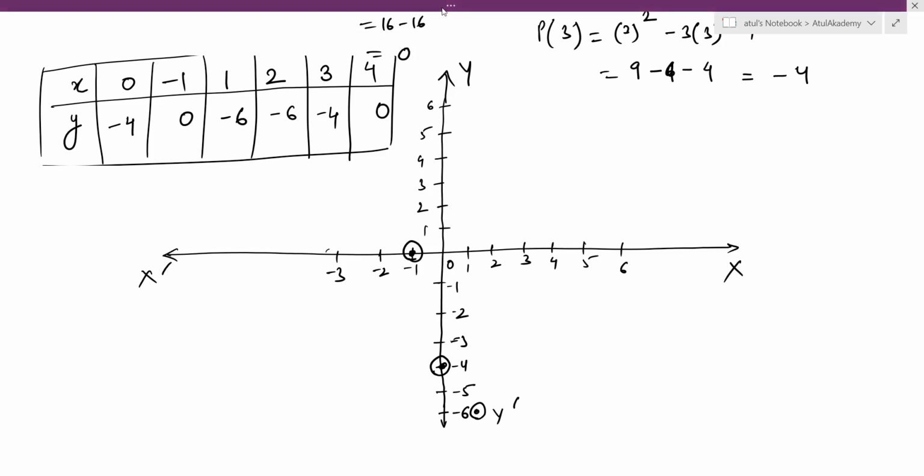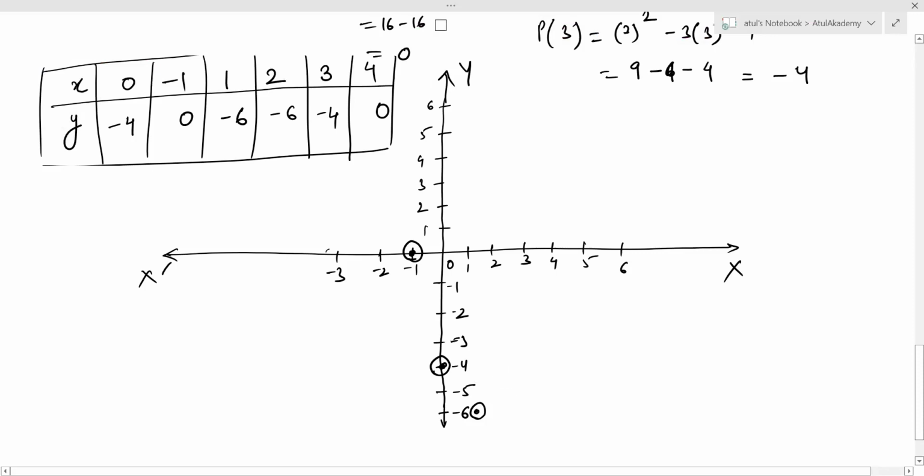I think I need to erase this y dash from here. So 2 and minus 6 again coming over here nearby. Okay, then 3 and minus 4 over here, and then 4 and 0. Again it is coming on x-axis.